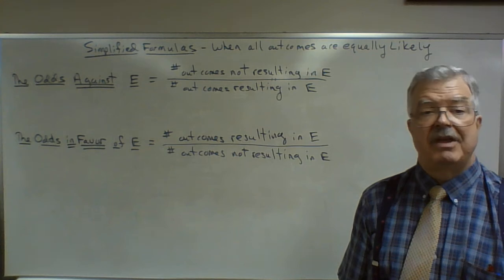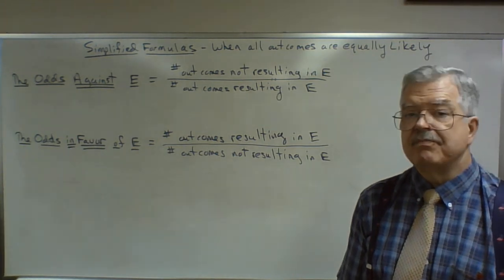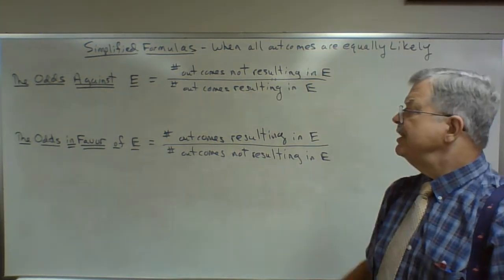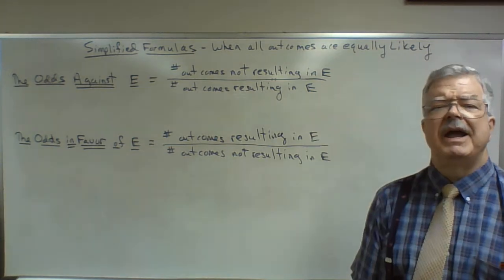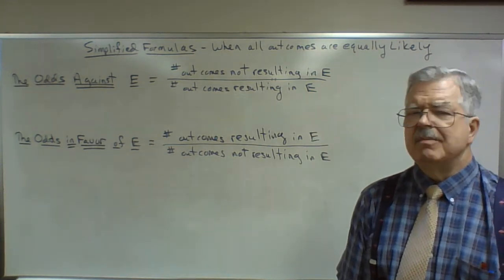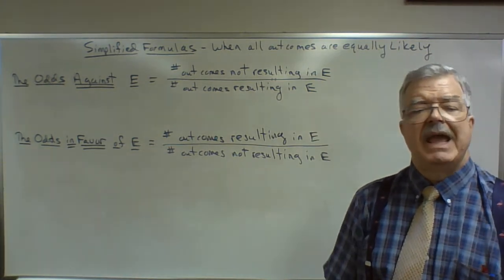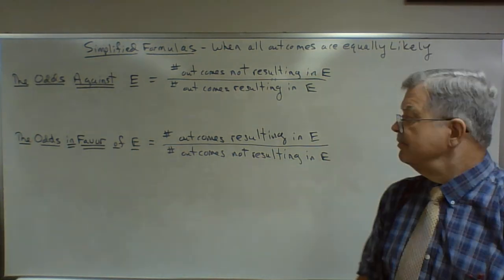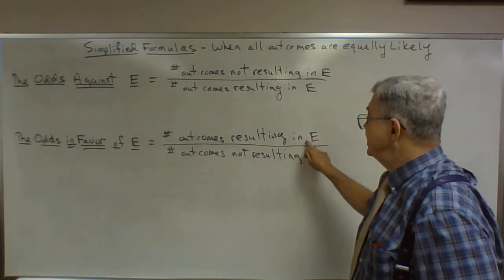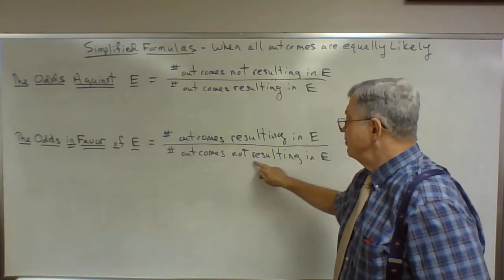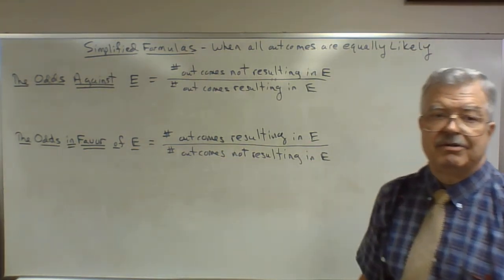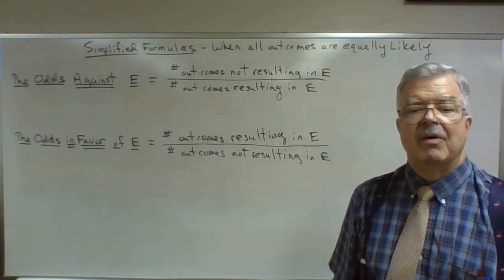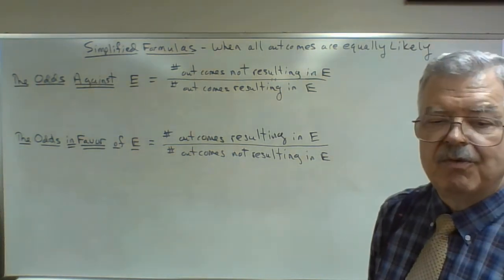Maybe some of the examples we've already done. But these formulas only apply where all outcomes are equally likely, and we know the number of outcomes that result in E, and we know the number of outcomes that don't result in E. Okay, let's apply these formulas.